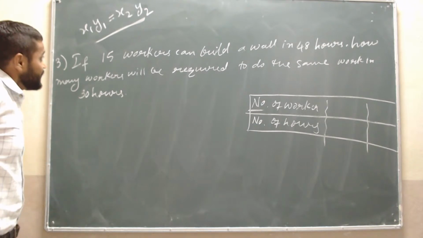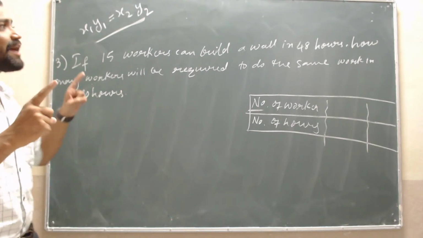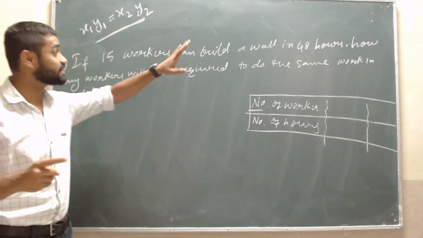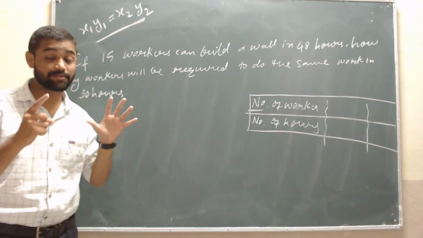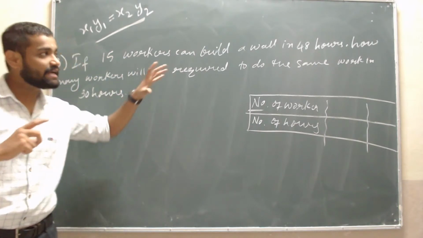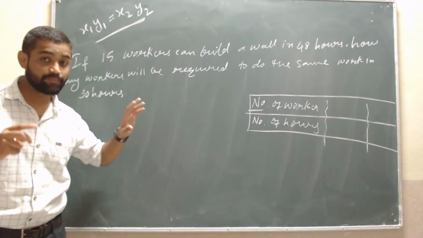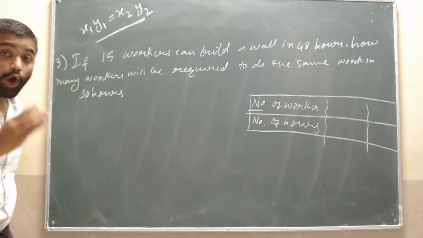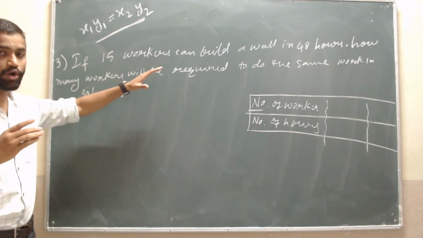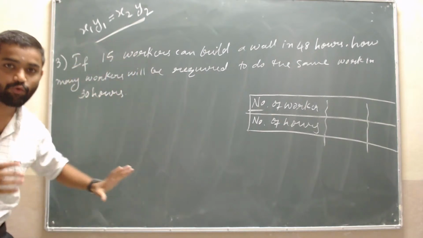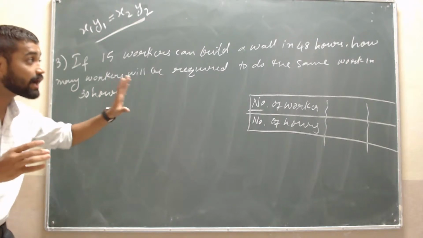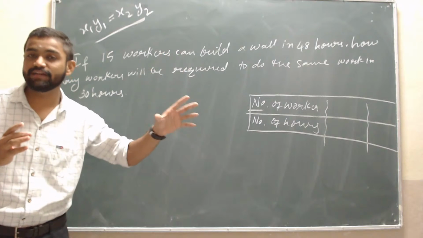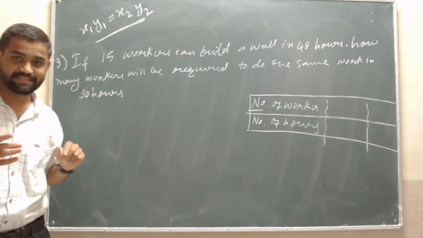See here, students, if 15 workers can build a wall in 48 hours, so 15 people will build a wall in 48 hours, and he is asking how many workers will be required to build the same wall in 30 hours.